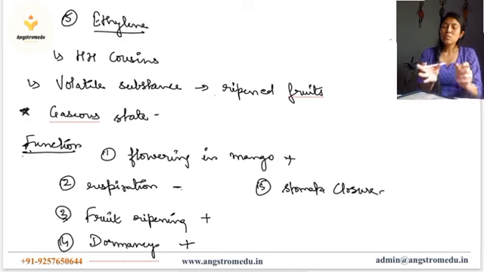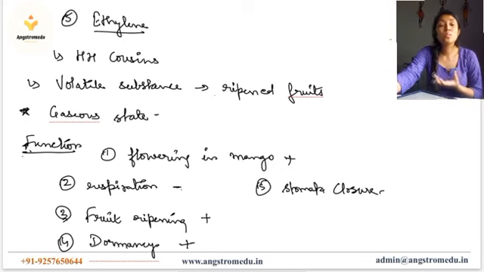Okay, so this was the general introduction of PGR. Of course, there is a lot more detail about each of them, how the discovery happened. I have just mentioned in short who discovered what, who isolated these things, what are the major functions, but there is a lot more to study in this section.